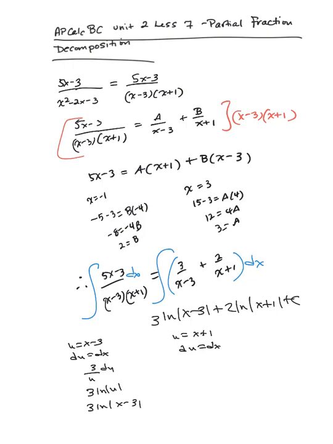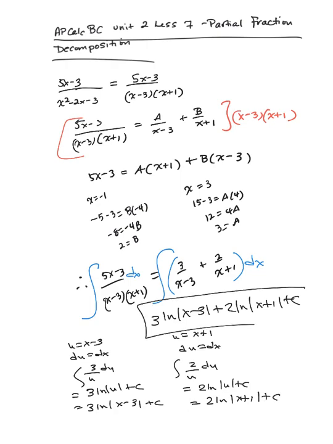So I get 2/u du, right? Which is 2 ln|u| + C, which is just 2 ln|x + 1| + C. Okay, so that's where this came from.